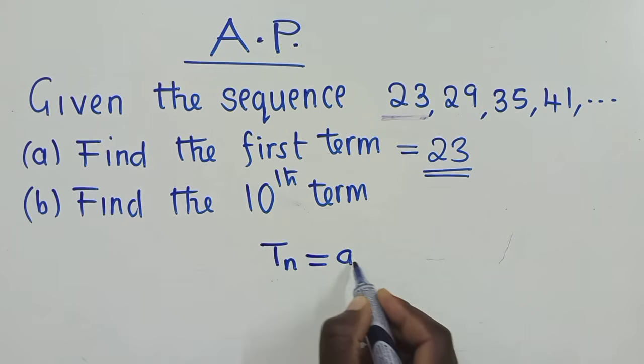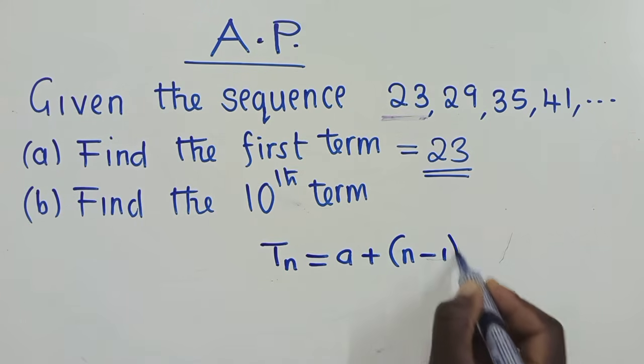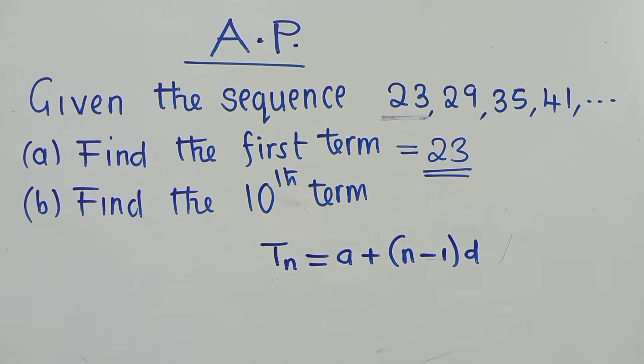We know that for arithmetic progression, which is AP, to find the term, we are supposed to use this formula. This is a formula, okay? And for this formula, you must always remember that there is a plus here, because the mistake that people make is that they avoid this plus and they just write A, which means multiplication. Now, this is arithmetic progression.